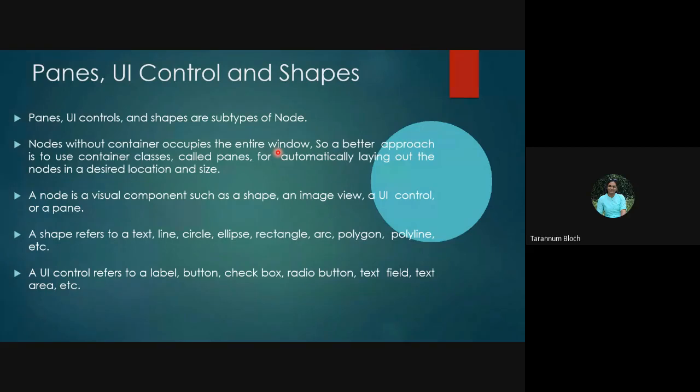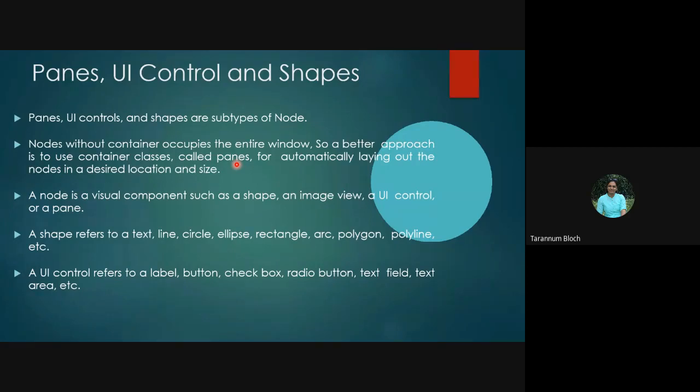So when we keep a node without any container, without any pane or control, at that time it will occupy the entire window over the screen. So the better approach is always to use a container class, and these types of container classes are known as panes, right? So there are various types of panes which are available.